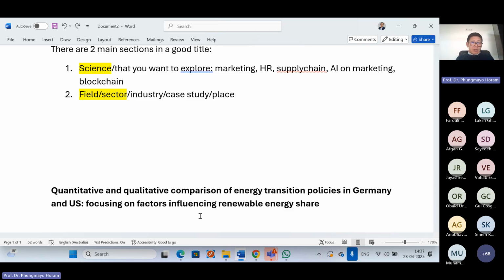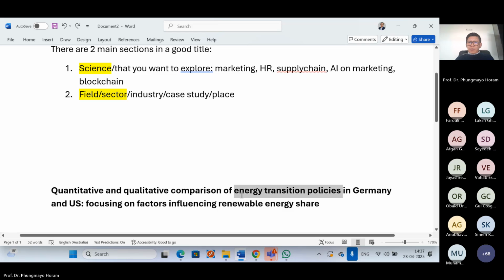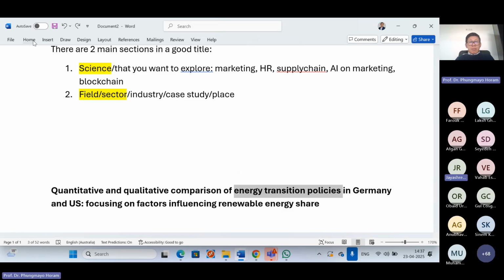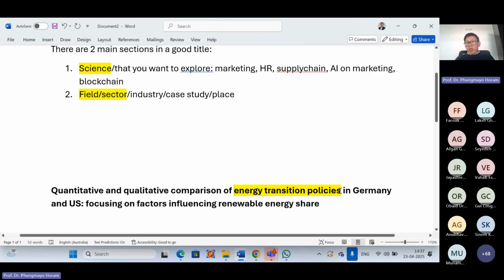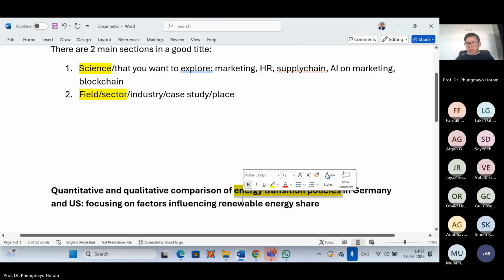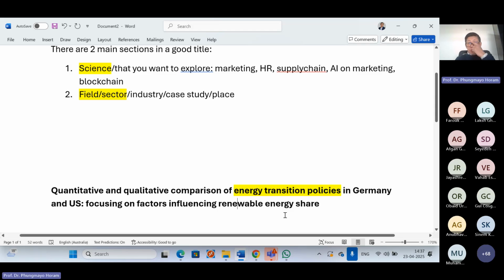Energy transition, right? Energy transition policies. So how do policies affect market behavior? That's good. And then in terms of the field and the sector and the case study or data collection, what is she looking at?